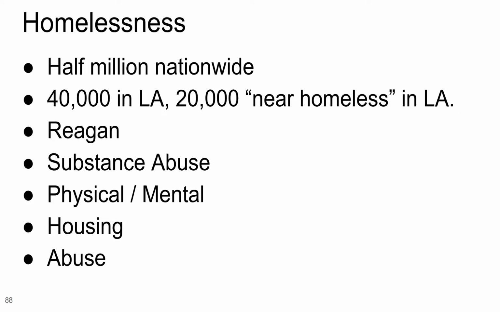Many of those, as the result of Reagan and his policies, were just turned out onto the street. Many of the people who are homeless have substance abuse issues, physical and mental issues, and they need help. They need a place to live.